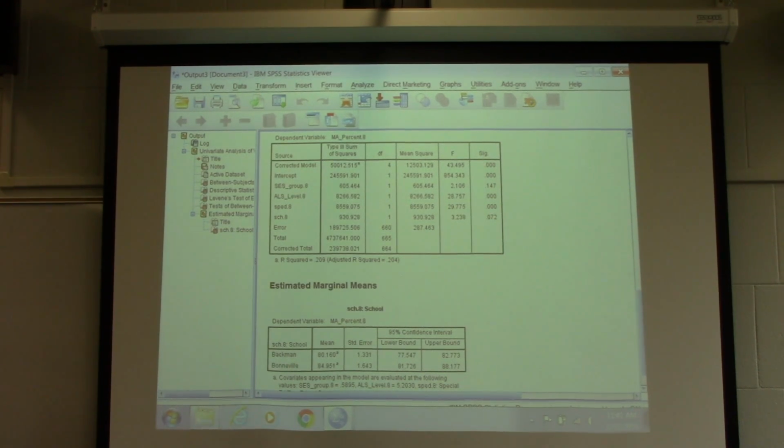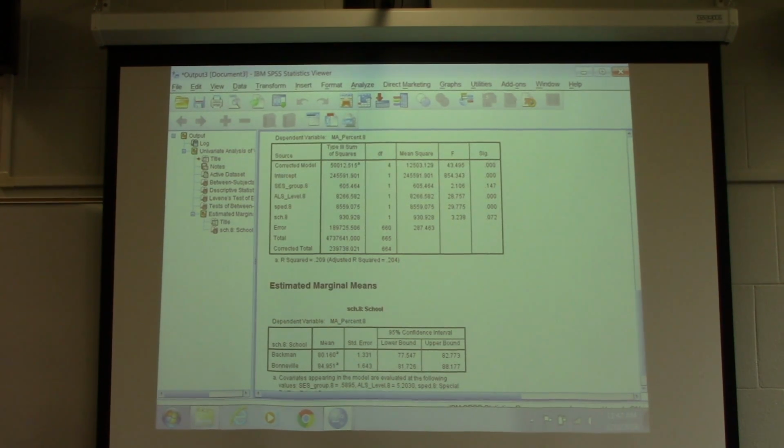So again, ANCOVA's a very significant test, and one that I think comes with fairness. And the more covariates that you use, the more you level the playing field. Again, I could have included variables like race. I could have included mobility rate. I could have included parent education level.